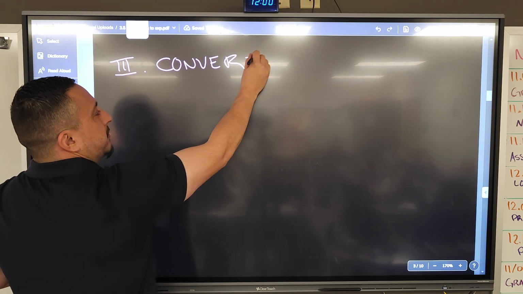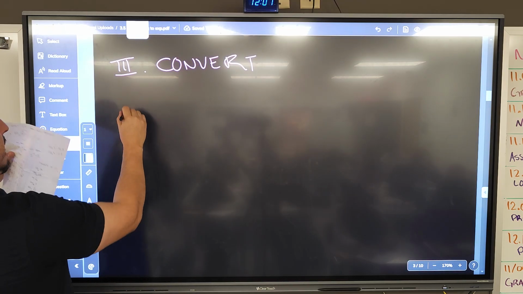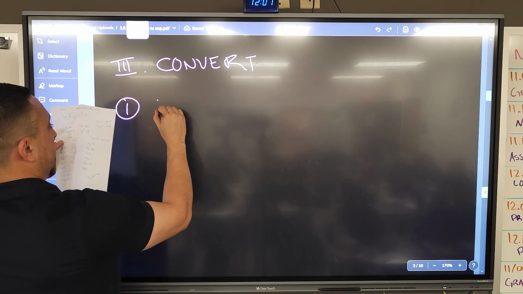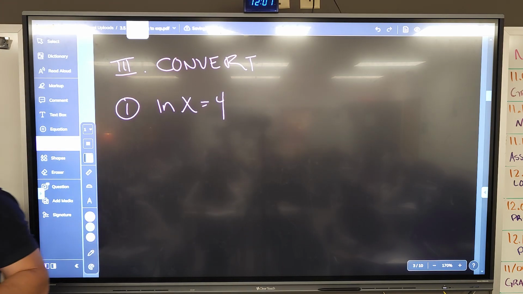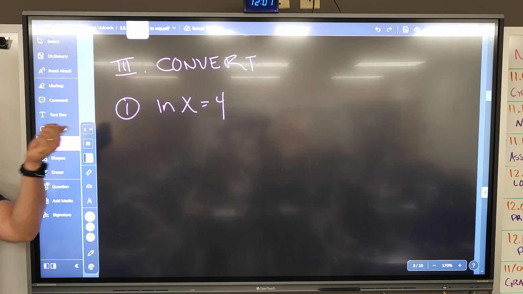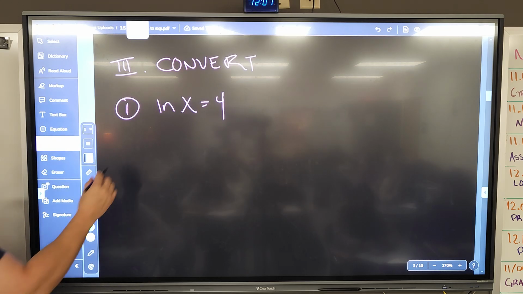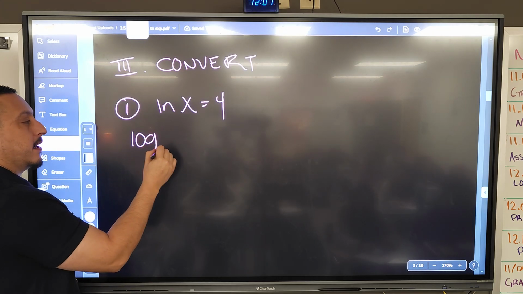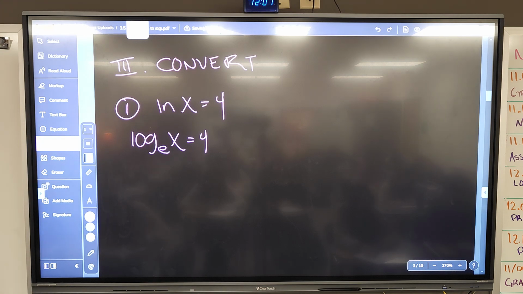We only do 2 or 3 problems on this. Convert if they don't tell you what it is. So like they don't tell you convert to this. You have to analyze and think about what it is so that you can convert to the other form. So for example, is this exponential or logarithmic form? It's log, right? It's log in disguise. ln is really log base e.